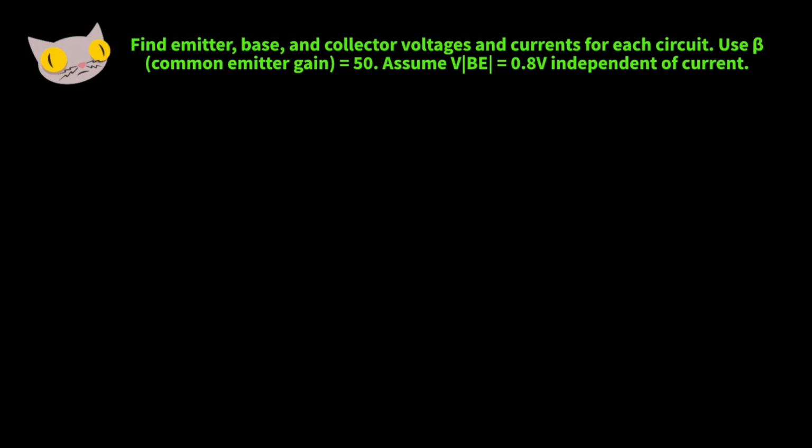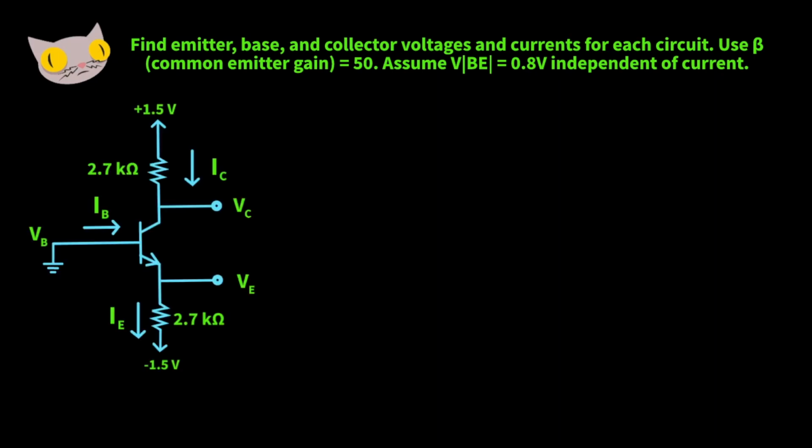So let's get started. So here's our first circuit. Let's start by finding the voltage for the base. We can see from the diagram it's connected to ground. So we can say that the voltage for the base is 0 volts. Because the voltage of the base and emitter is 0.8 volts, we can determine the emitter voltage.